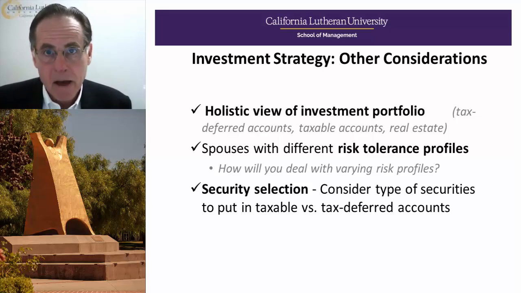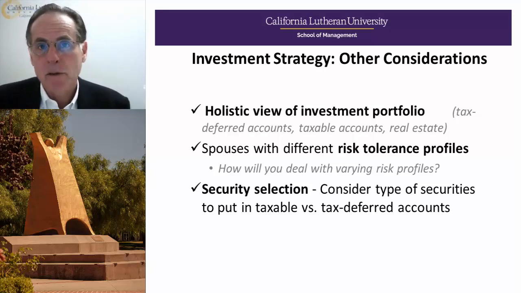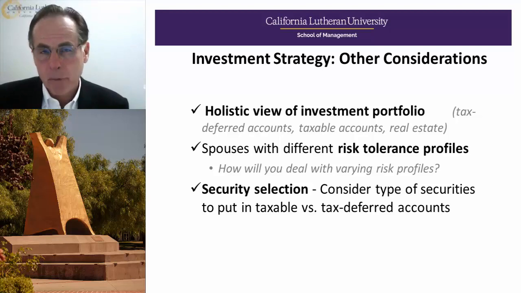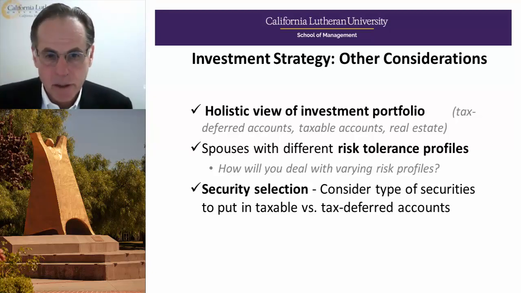You'll have to have that conversation with the client so that both spouses are comfortable with the portfolio. In our income tax strategy discussion, we talked about placing securities in different portfolios, the taxable portfolio, the tax deferred, the tax free portfolios. And that's something certainly you can add value by considering how you'll do that.